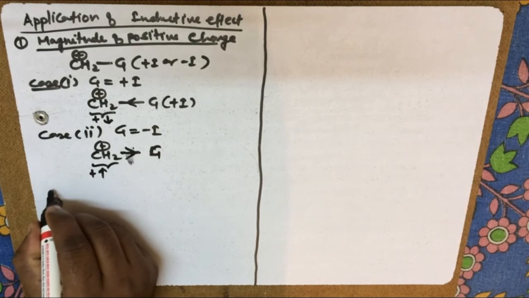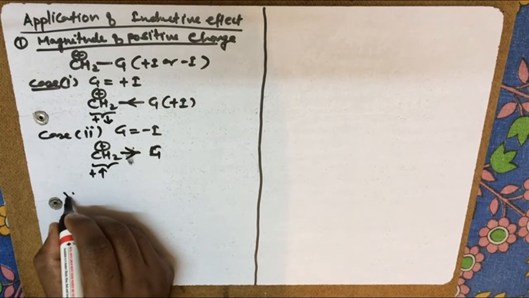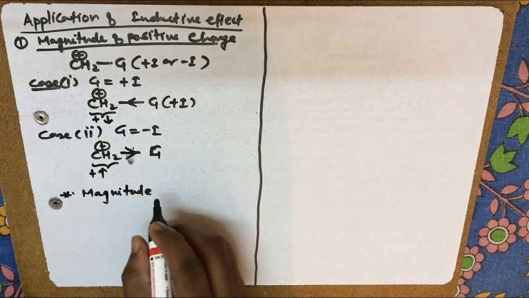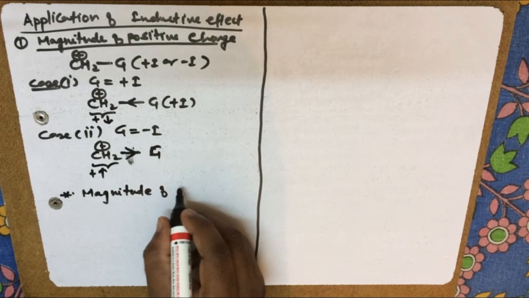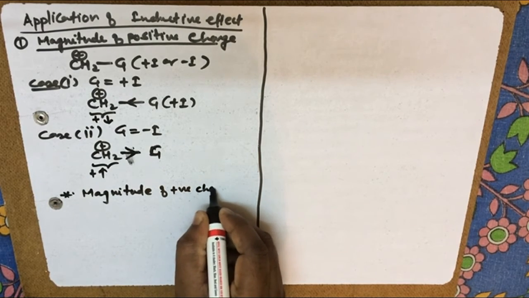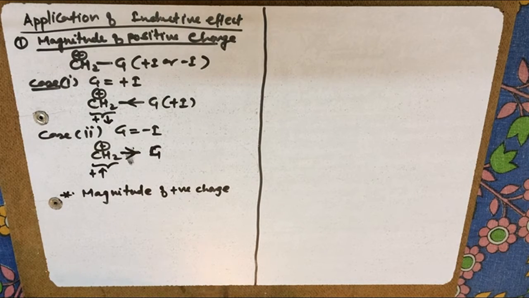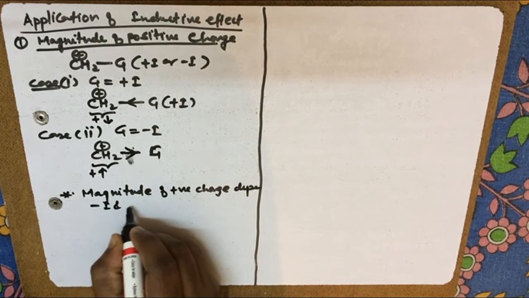So if we write the dependent relation, the magnitude of positive charge depends on the minus I and plus I effect of the group.